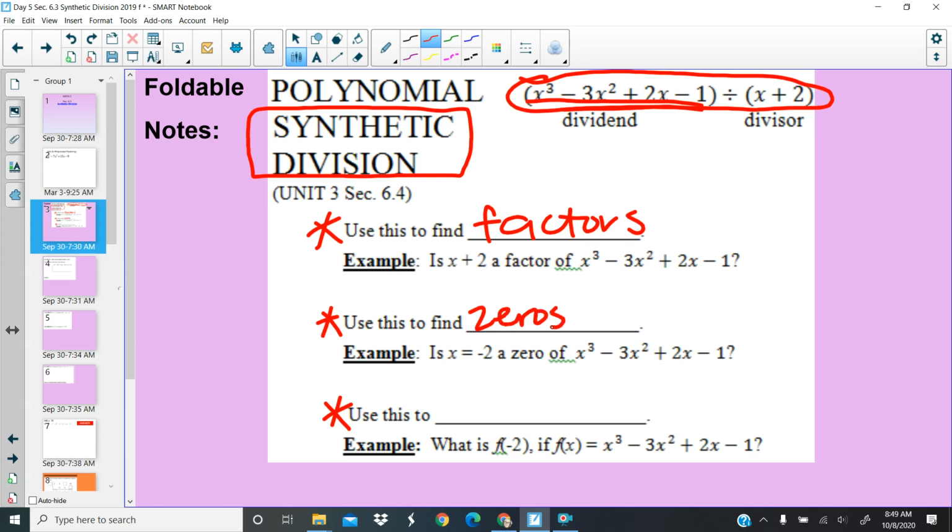Zeros can also be called x-intercepts, roots, solutions, any of those words. And it's also used to evaluate for a certain number in an equation. So go ahead and write those three things down, and then we're going to get into how synthetic division actually works.